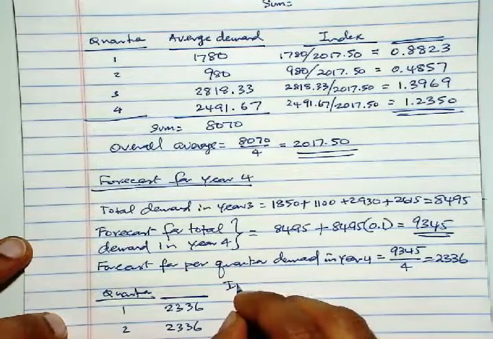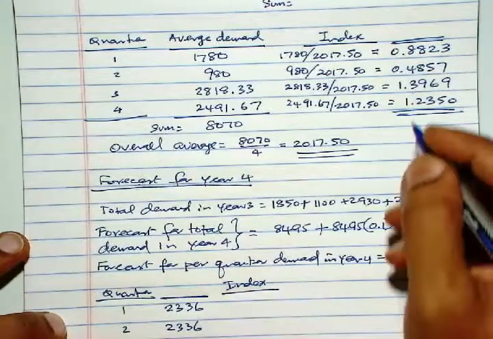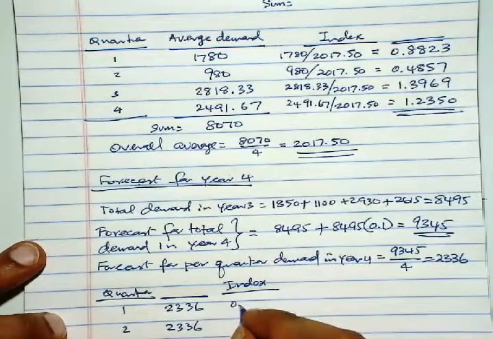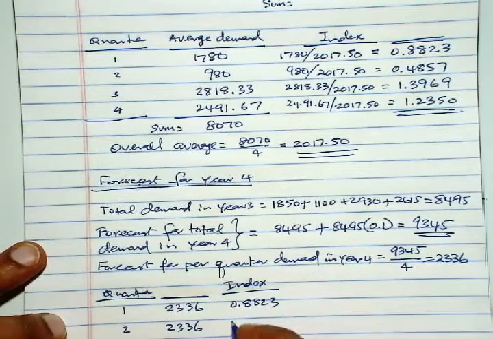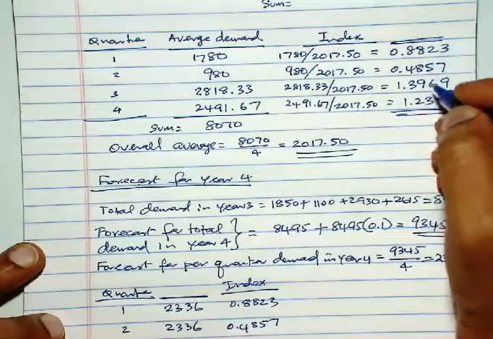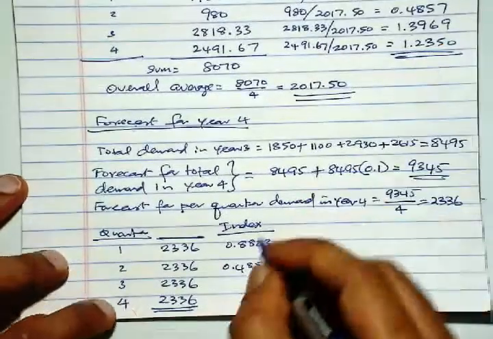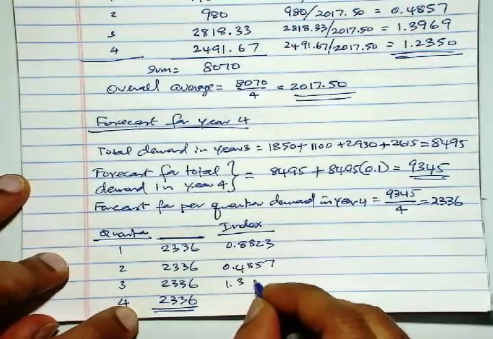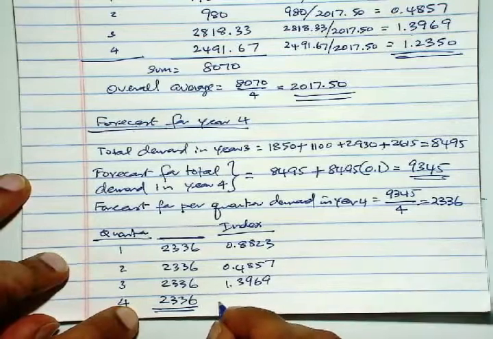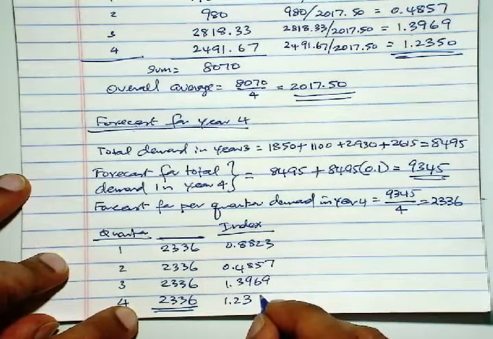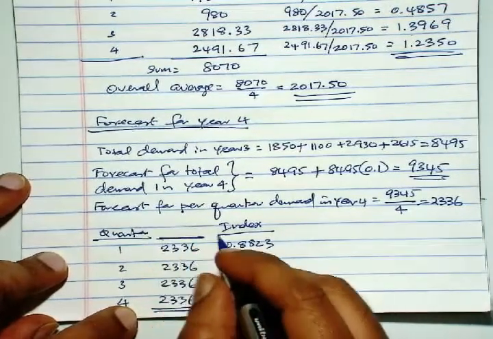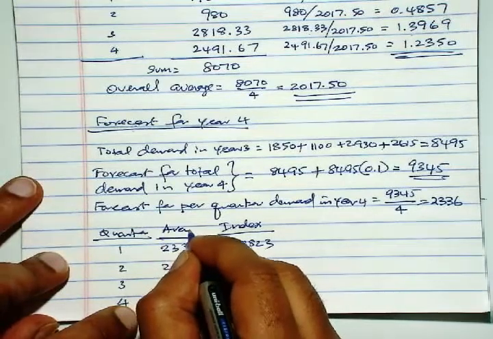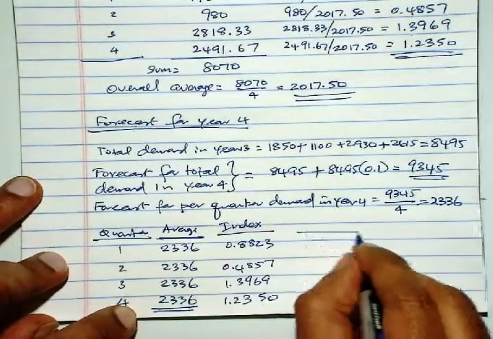Now the index is, okay, so we have 0.8823, 0.4857, 1.3969, 1.2350. So this is the index.